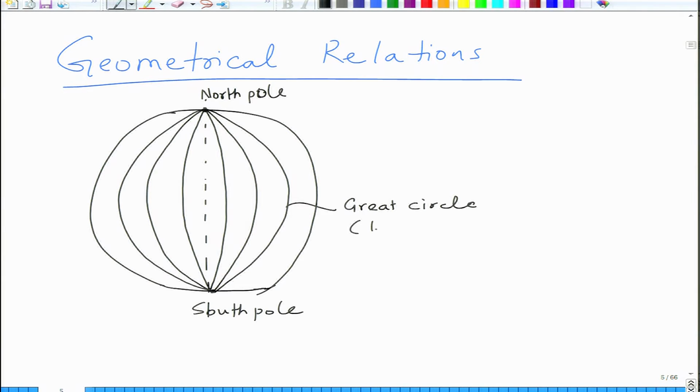and they depict what we call longitude, okay, and longitude is measured with respect to Greenwich. So Greenwich, which is in England, okay.